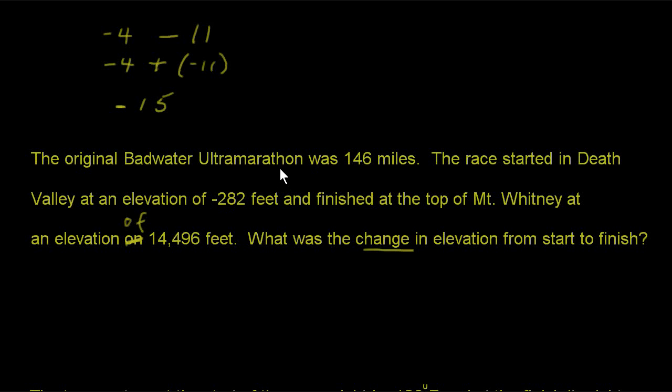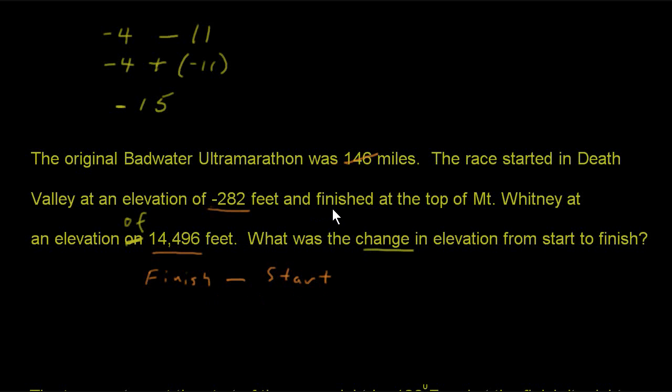And notice in this problem we've got some extra information that we won't even need. It's nice information, but we don't need to know how far the race was, 146 miles. But we do need this -282 feet and the 14,496 feet because we want the change in elevation. For change problems, the way to set them up is do the finish amount subtract the start amount.